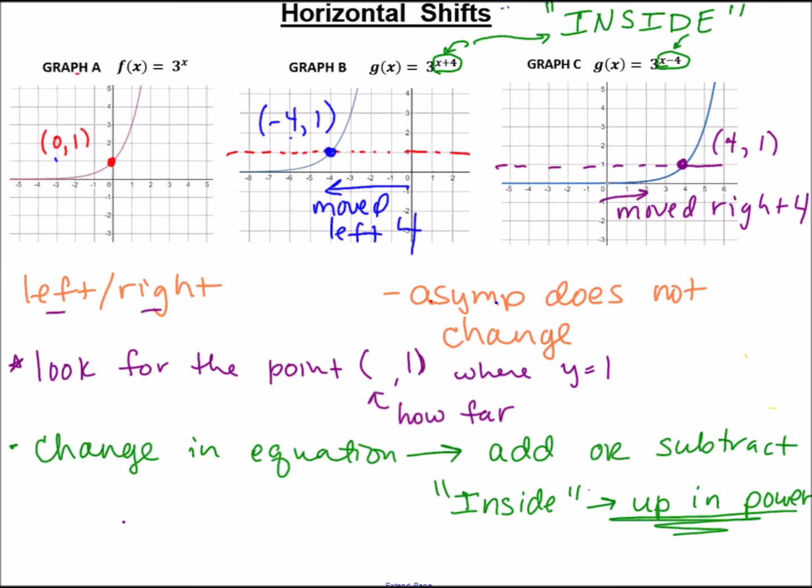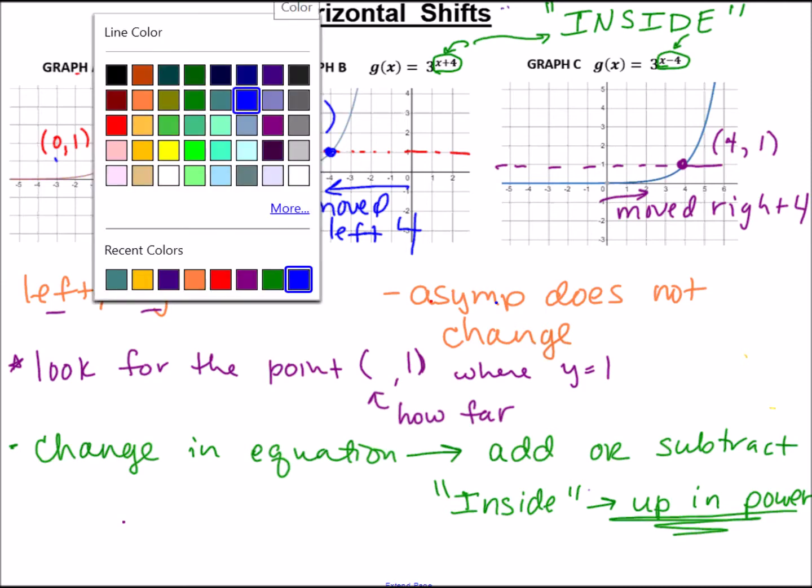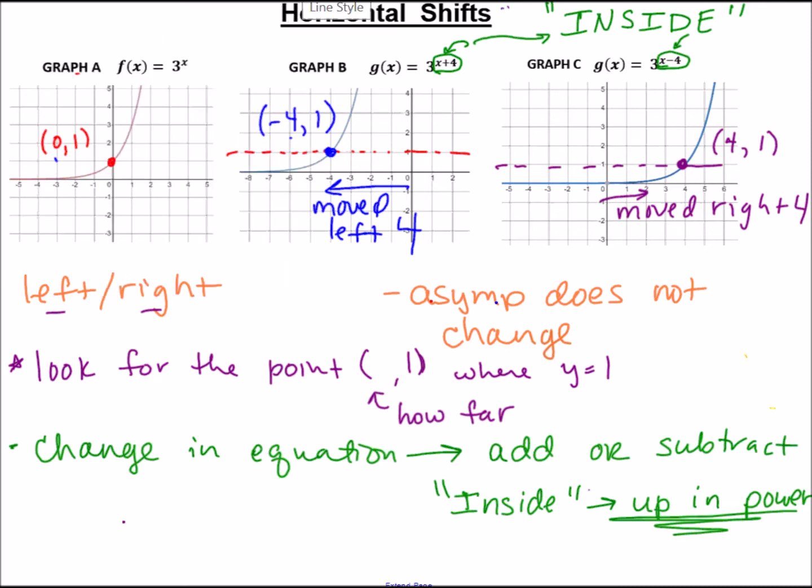There is one other thing about this, though, that we need to point out. On this problem right here, I moved left 4, but I added 4 up on the inside. Over here, I moved right, but I subtracted 4. That always seemed backwards to me. If you add something, then doesn't that increase, which on the x-axis means you go to the right? Well, when you subtract something, you go to the left. It's backwards.